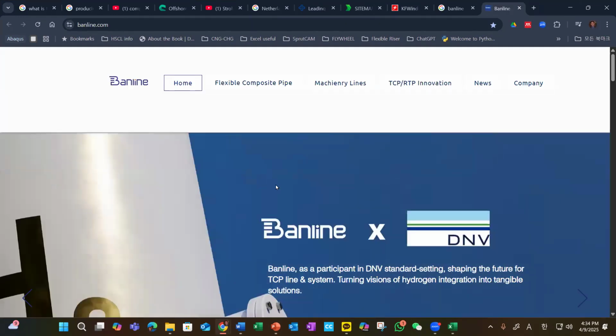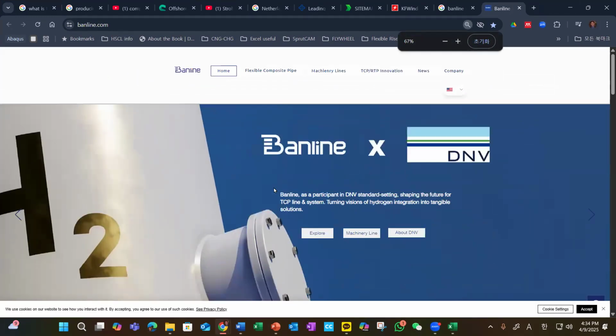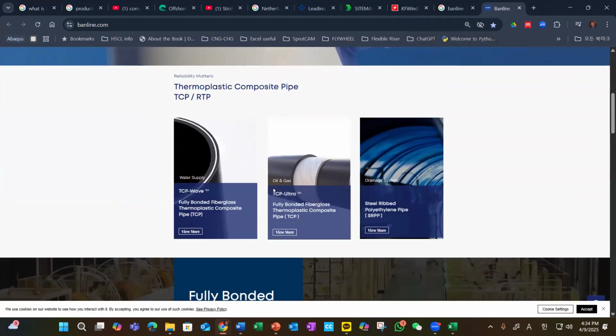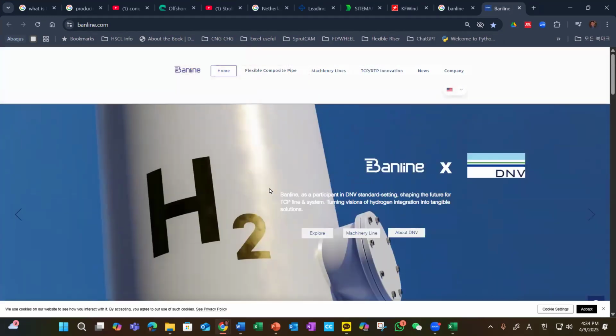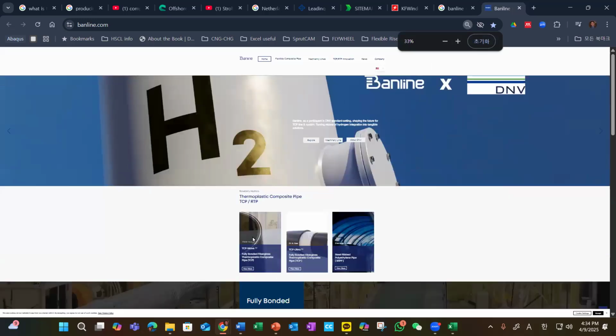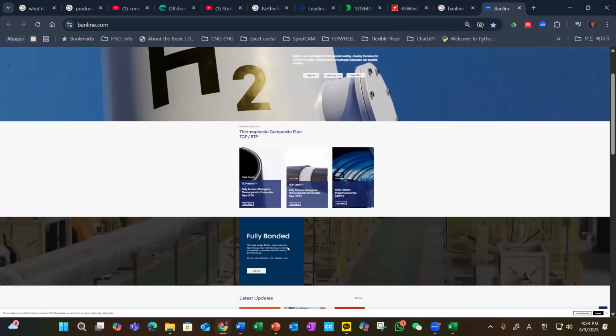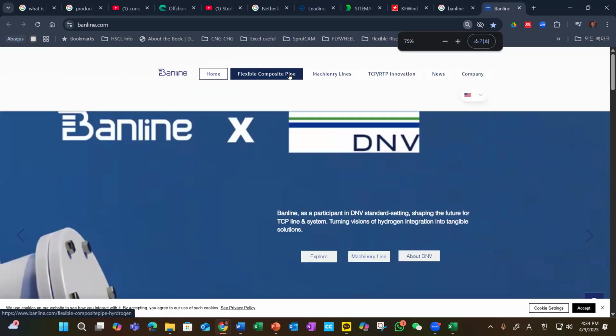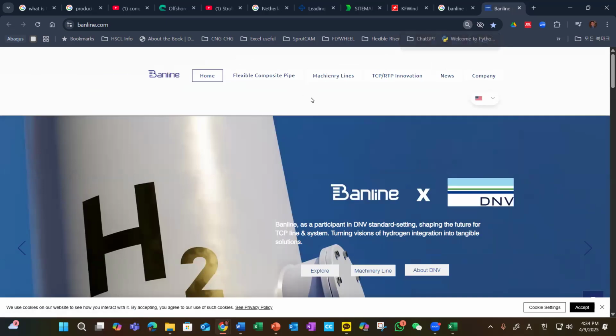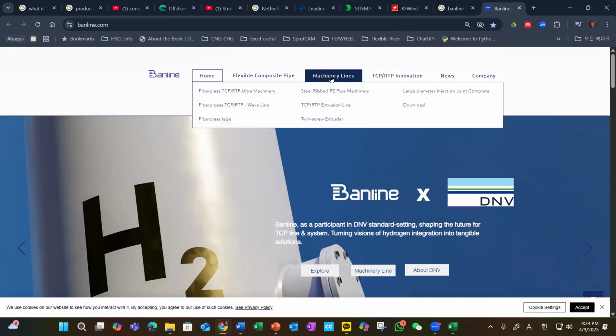They are working on onshore and offshore thermoplastic pipeline, and even for hydrogen. Actually, Ben9 is the company who produces the machinery lines to produce the pipe.